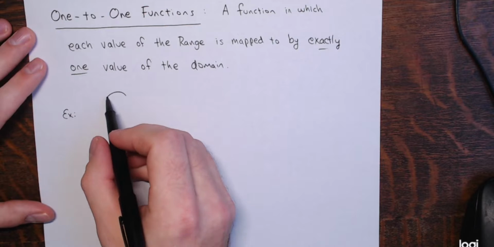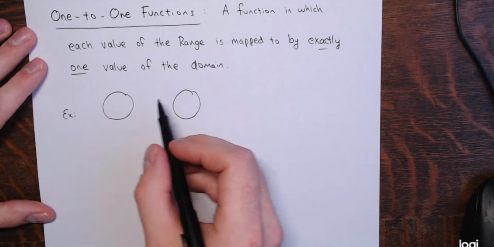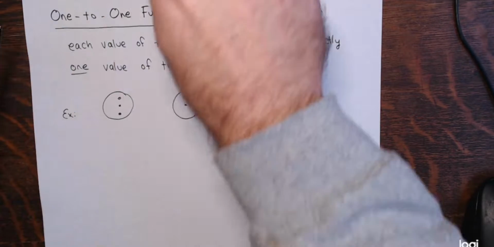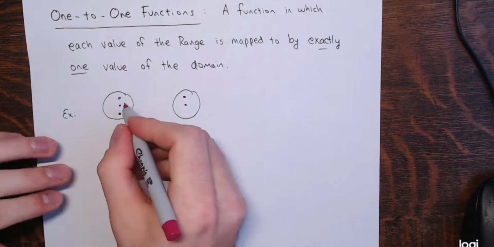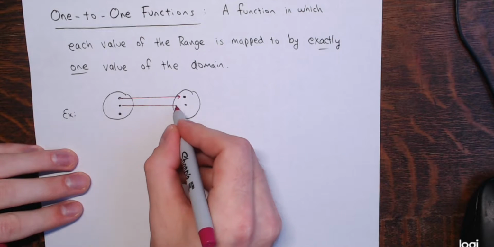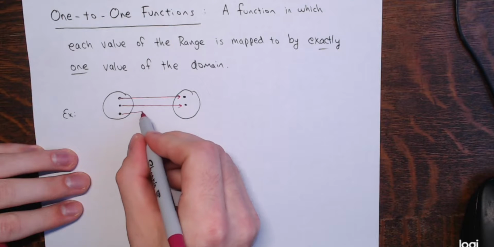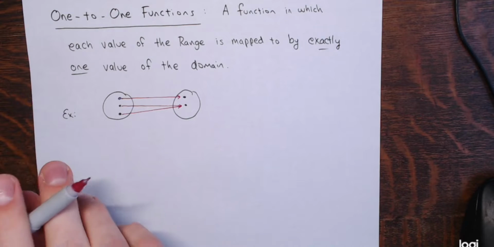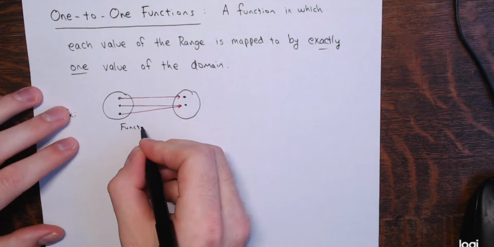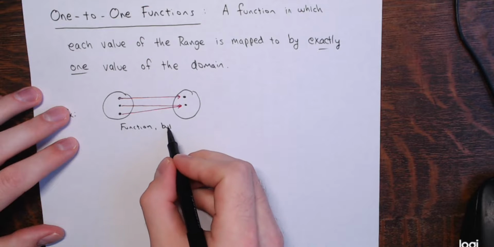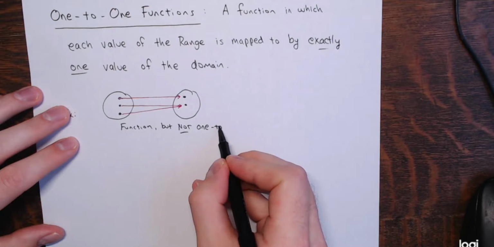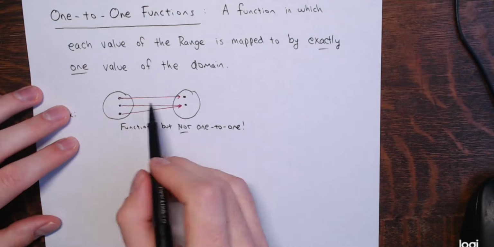So say here's the domain and range of some function. If this element in the domain went to this, and this went to this, and this went to this as well, this is a function, but it's not one-to-one because of this element here.